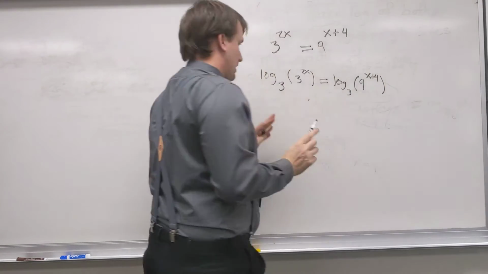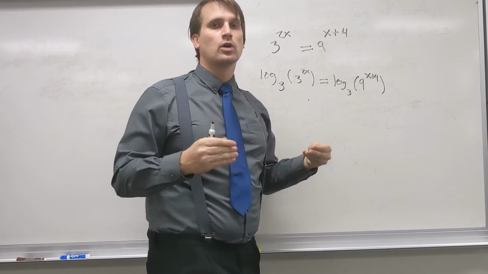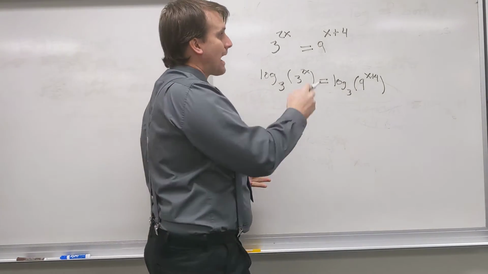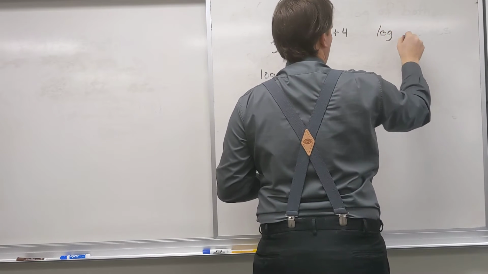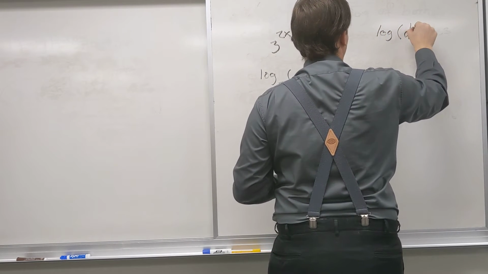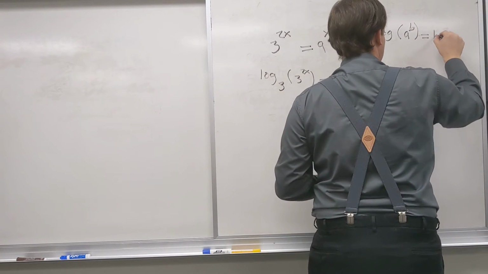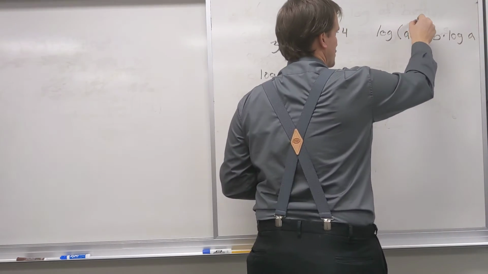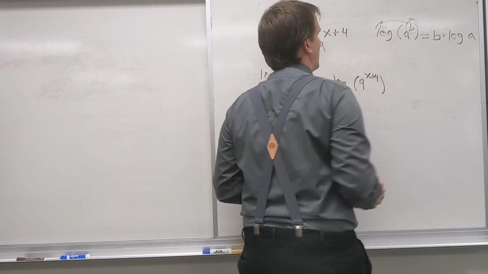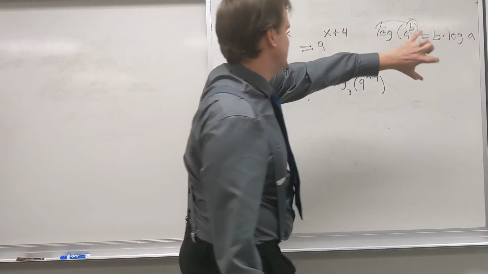From here, what we want to do is apply our power rule. If we remember the power rule of logarithms, that tells us that log of a to the power of b is equal to b times log a. We can strip the exponents out of the logarithm. That's the idea of the power rule. We take those exponents, and we yank them out.